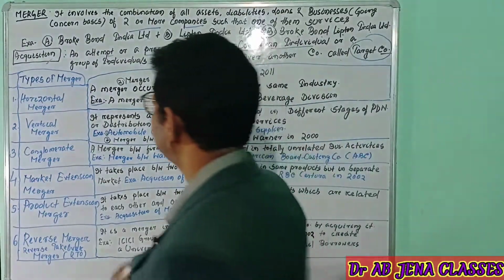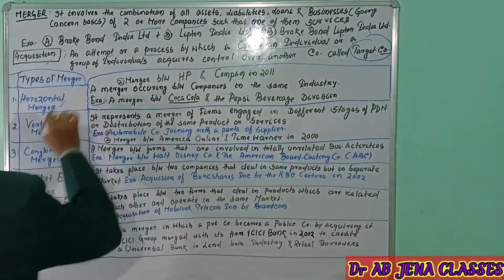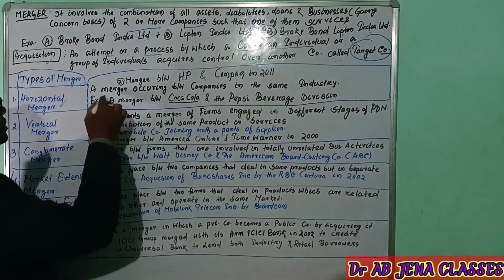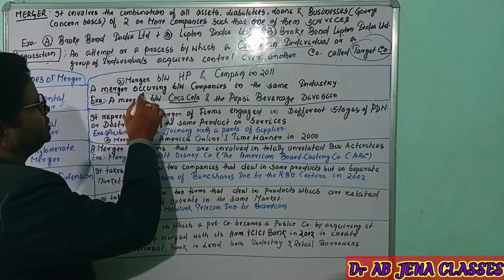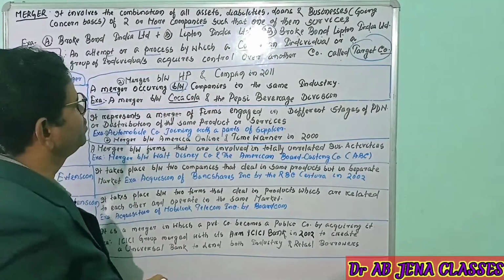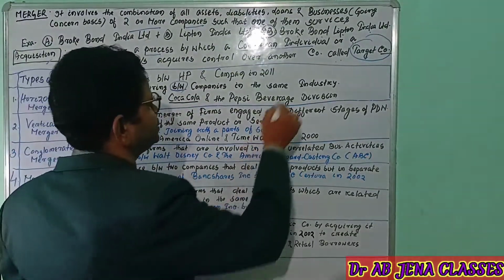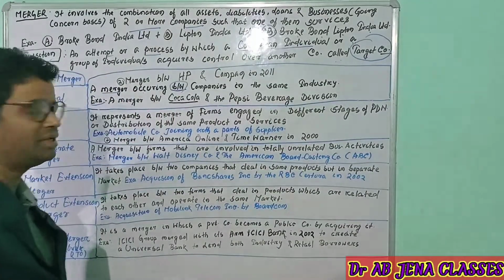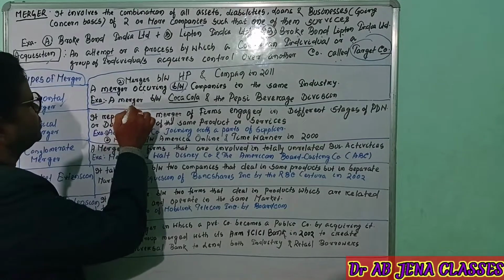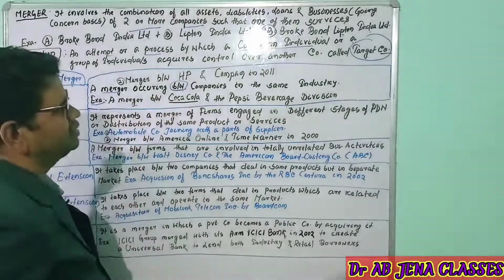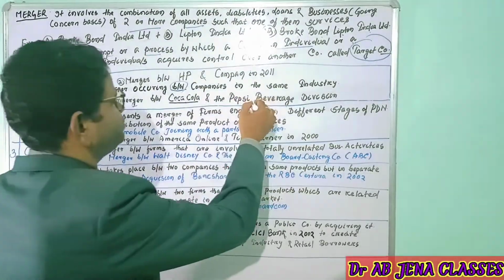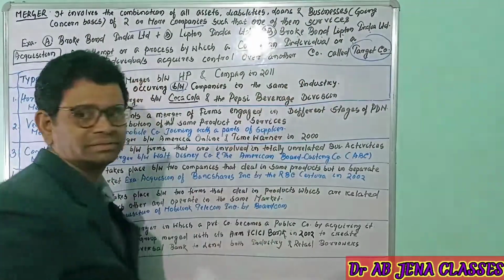So, types of merger. The first one is the horizontal merger. What is this horizontal merger? It is a merger which occurs between companies in the same industry. Suitable examples of horizontal merger: a merger between Coca-Cola and the Pepsi beverage division.